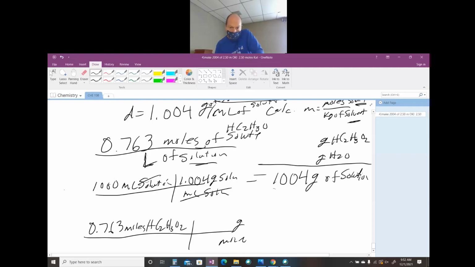So we got 24, we got 4, we got 28, we've got 32, 60.06 grams per mole. So you have your 0.763 times 60.06, and that is 45.8 to 3 sig figs. So we have 45.8 grams.